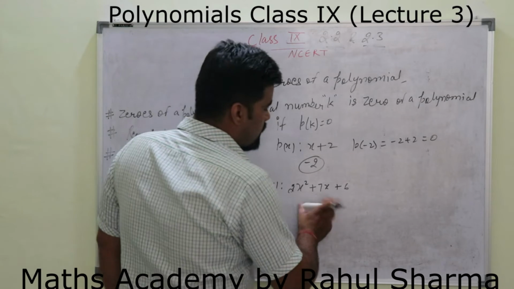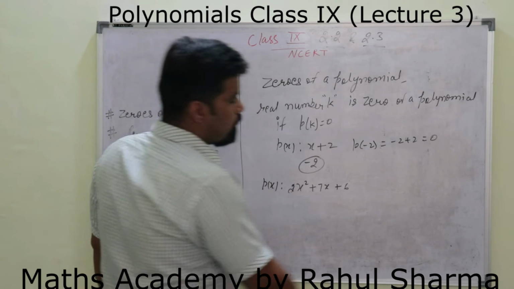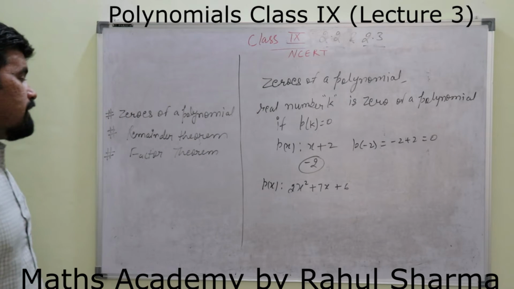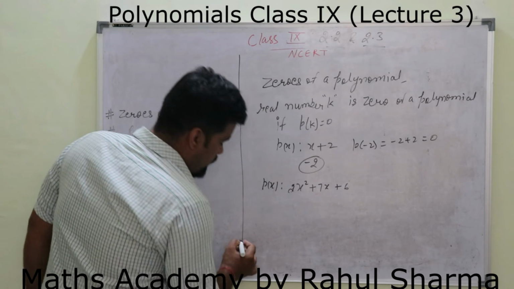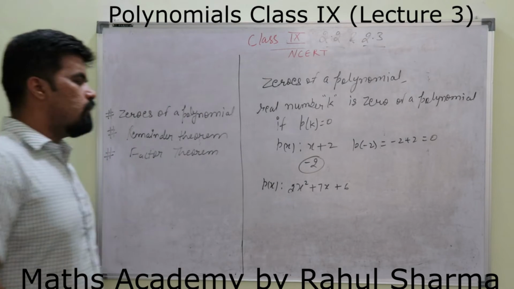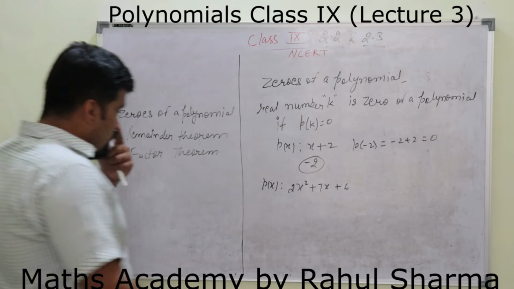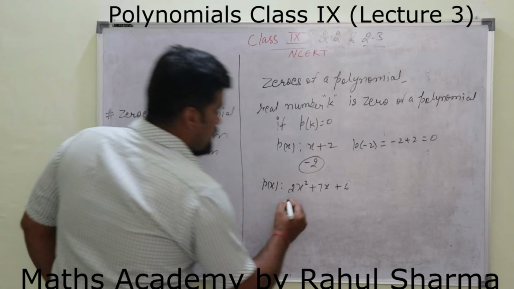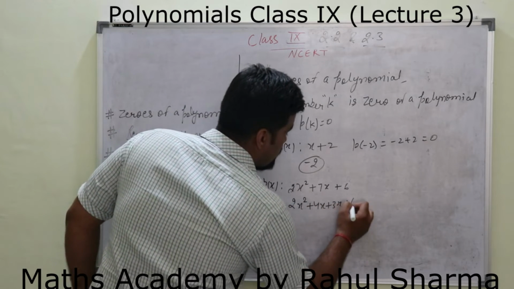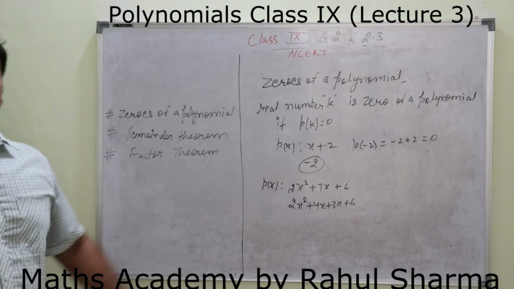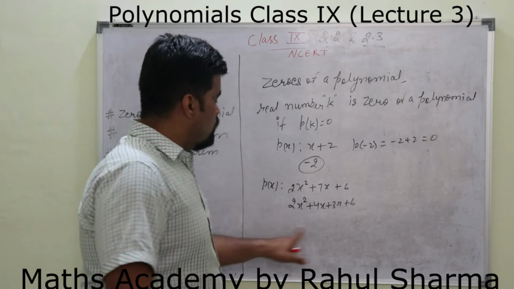इस polynomial की अगर मैं बात करूं तो इसकी वैल्यू 0 किस किस पॉइंट पे हो सकती है? अब इस चीज को आइडेंटिफाई करना थोड़ा सा मुश्किल है, तो एक रफ आइडिया के लिए हम केवल एक एक्सपेरिमेंट कर रहे हैं, फिर मैं आपको एक शॉर्ट ट्रिक बता दूंगा जिससे आपको सीधे सीधे पता चल जाएगा कि इस पॉलिनोमियल के कितने जीरो हो सकते हैं, राइट? सो इसको अगर मैं देखूं तो आई कैन राइट इट लाइक 2x² + 4x + 3x + 6. ये मैंने कुछ नया नहीं किया है, I have used the splitting the middle term technique to factorize this.